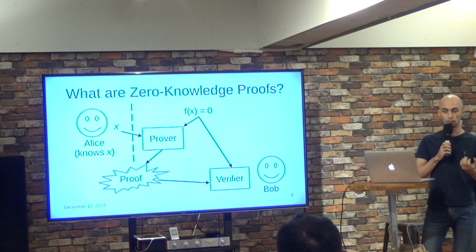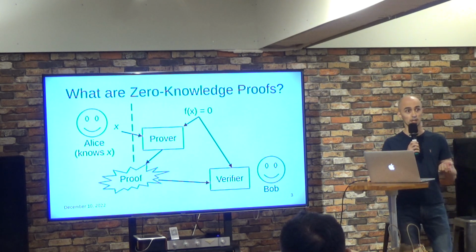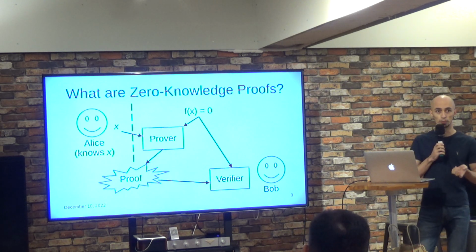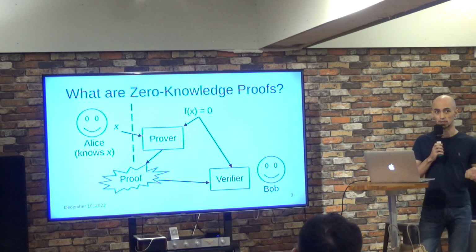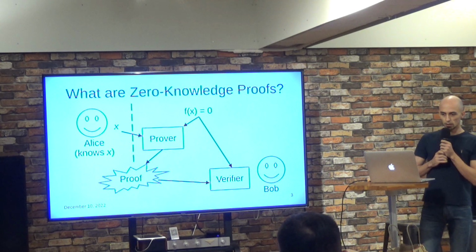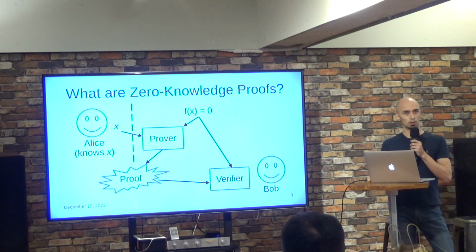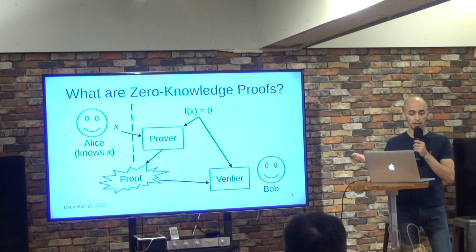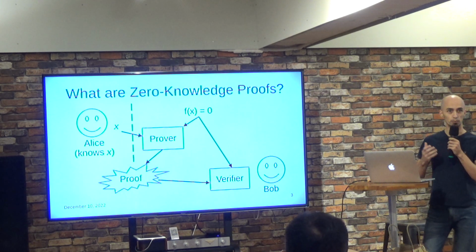And a proof here is just a cryptographic object. It can be represented as a JSON file, for example. As simple as that.